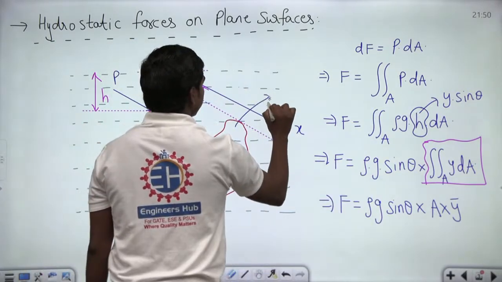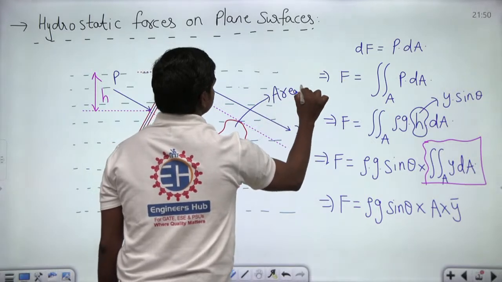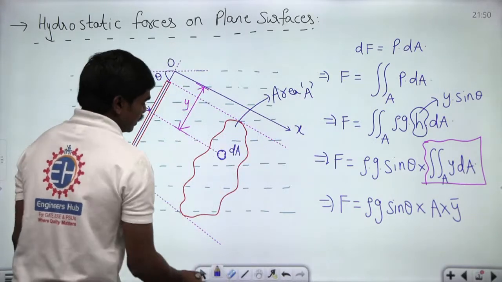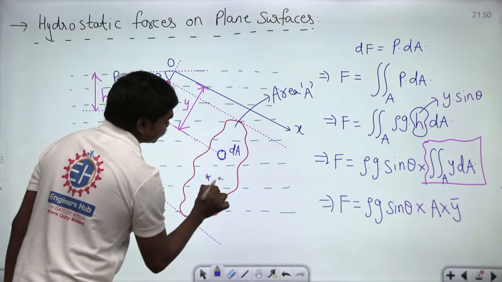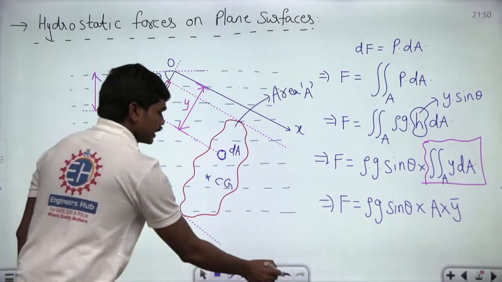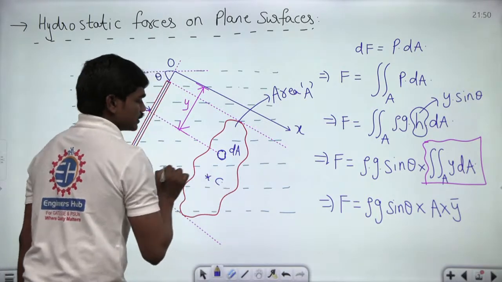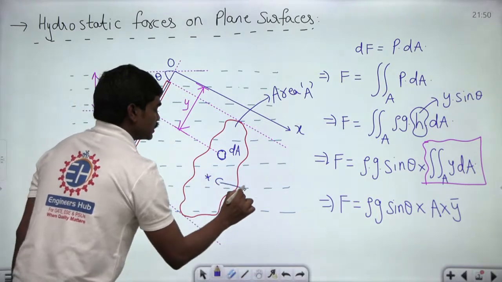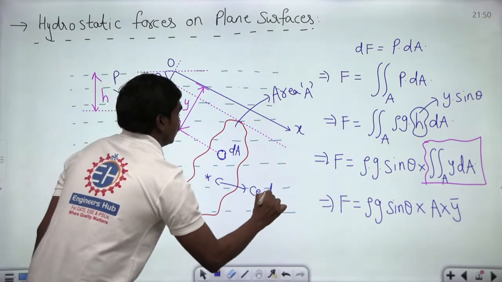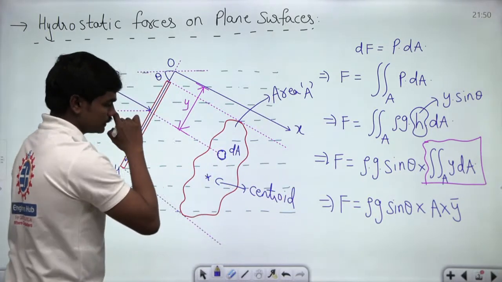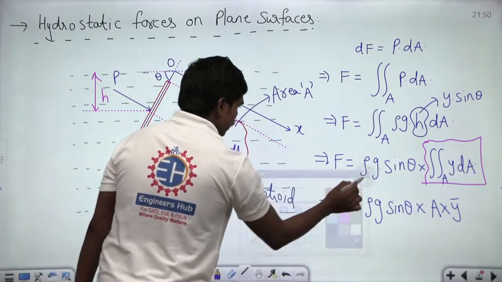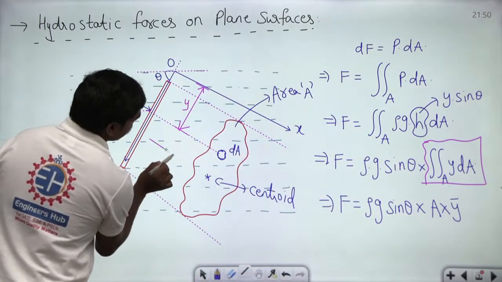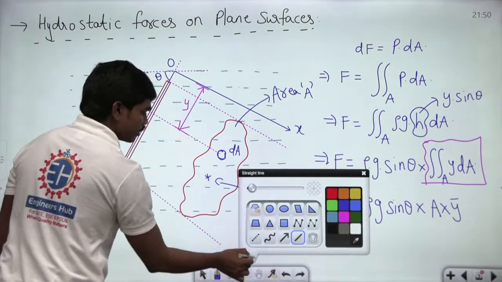So, this A is the area of the lamina, and now let us suppose the centroid is somewhere here, C, centroid C for example. Okay, C stands for centroid of this plane lamina. Now, see carefully, let us take a dotted line.